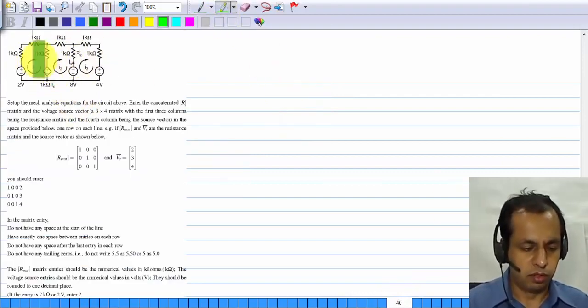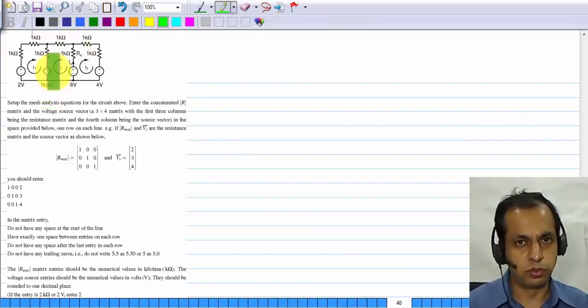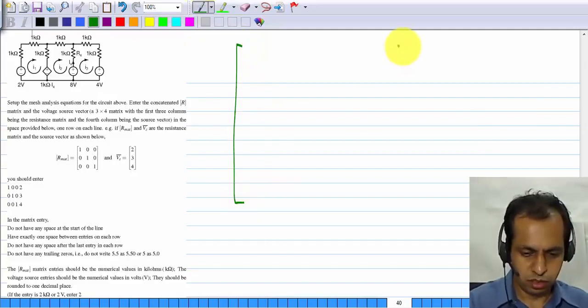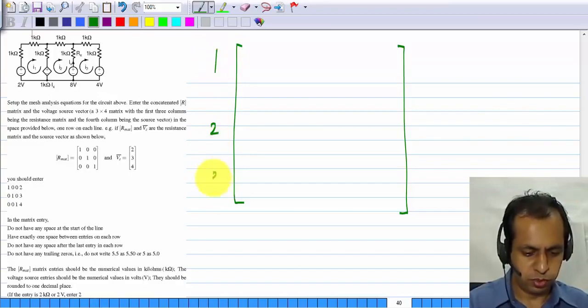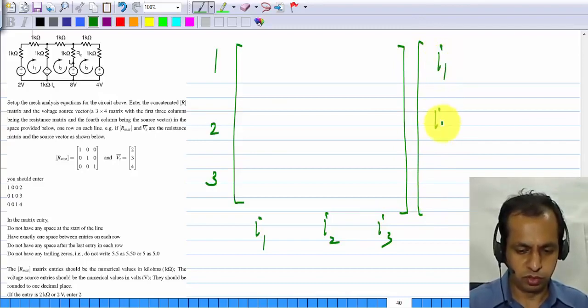The second question is also about mesh analysis, but this time we have a current controlled voltage source. Again we have three rows corresponding to the three meshes and coefficients of I1, I2 and I3. Those will be the three columns.